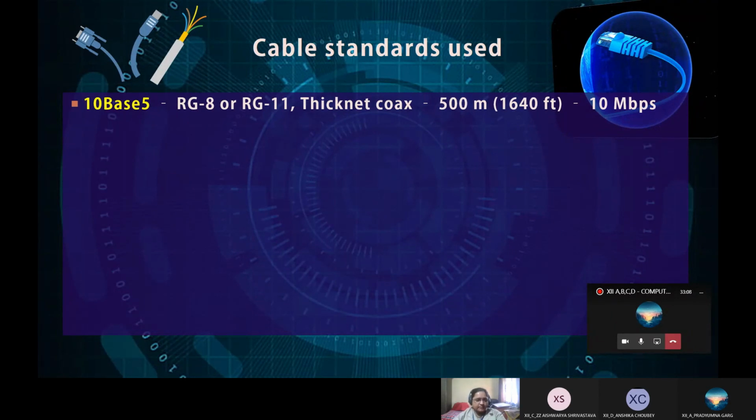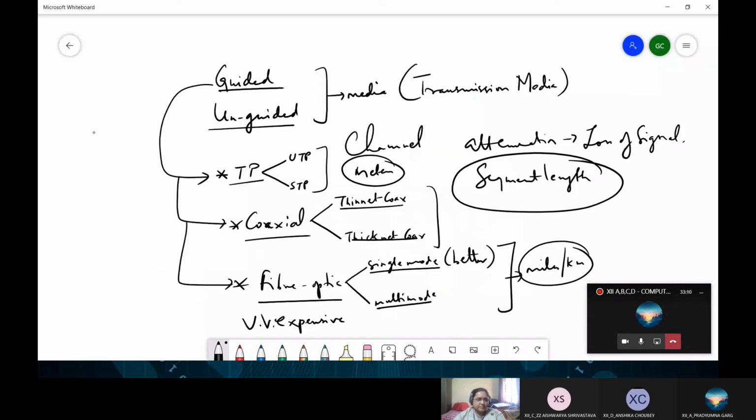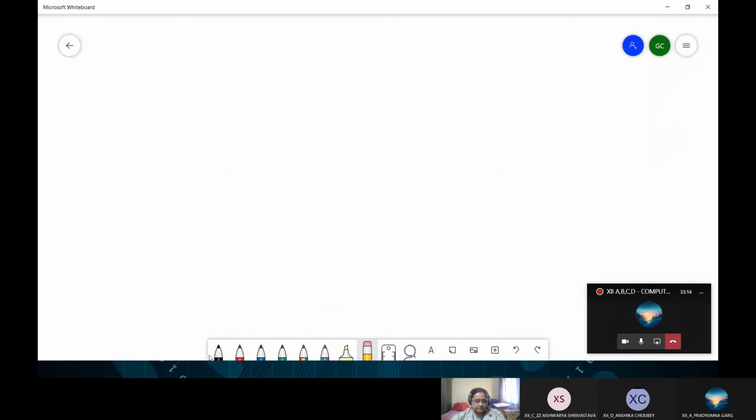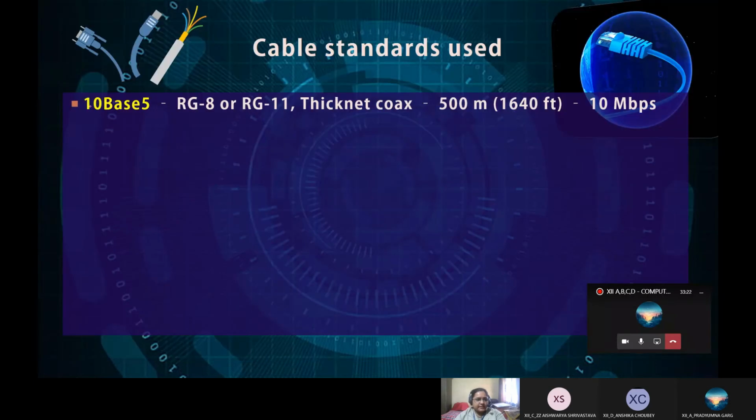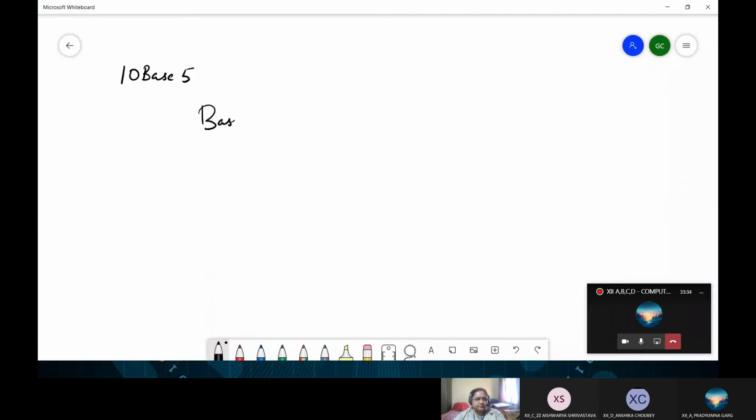Let me explain the meaning of this 10 base 5. Firstly, this 10 means it can carry transmission of 10 megabits per second. Base stands for baseband transmission.